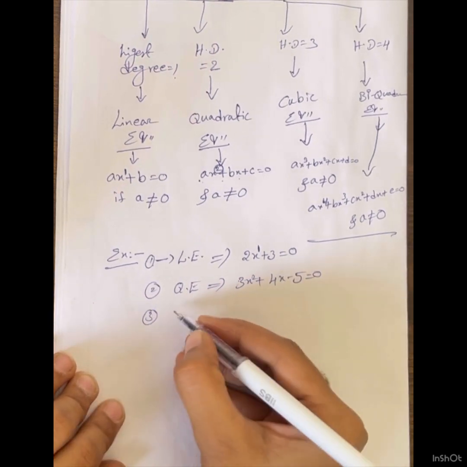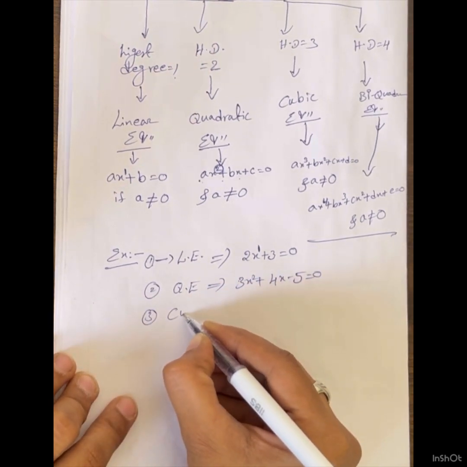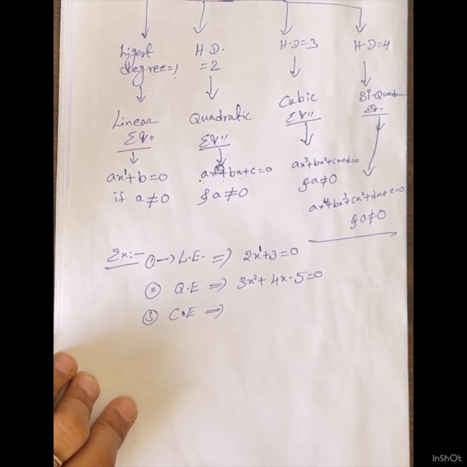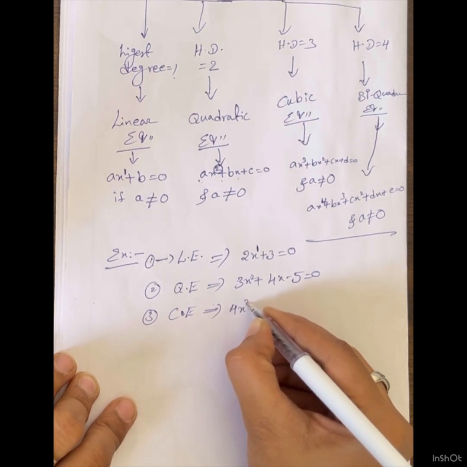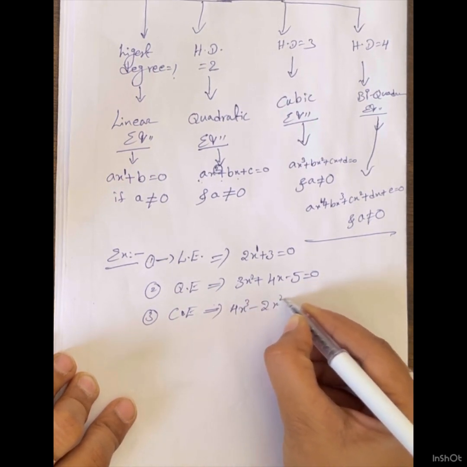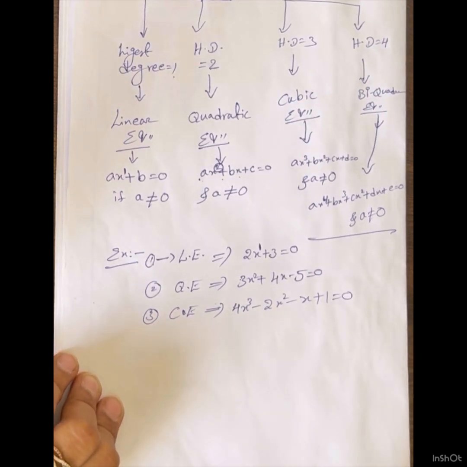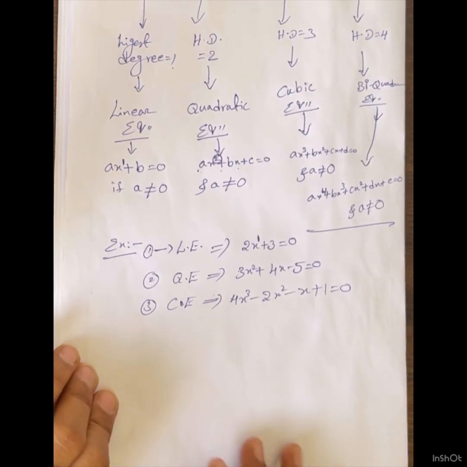So write down the example for the cubic equation. Cubic means the highest degree is 3. So 4x cube minus 2x square minus x plus 1 is equal to 0. This is the example for the cubic equation.